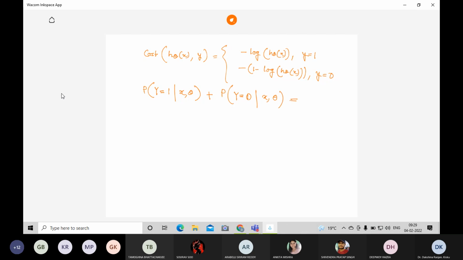Now this summation will give us 1, the probability of 1. For one probability we get 1, for the other we get 0, and the sum of these probabilities will give us 1.